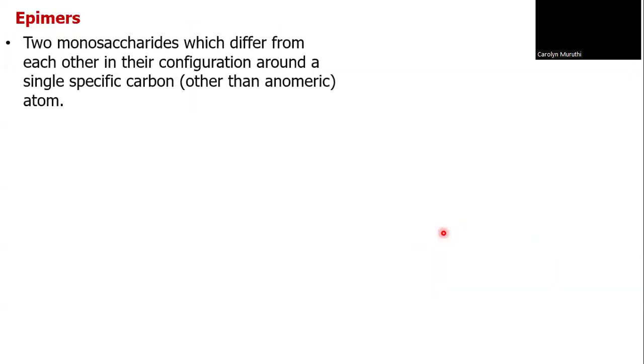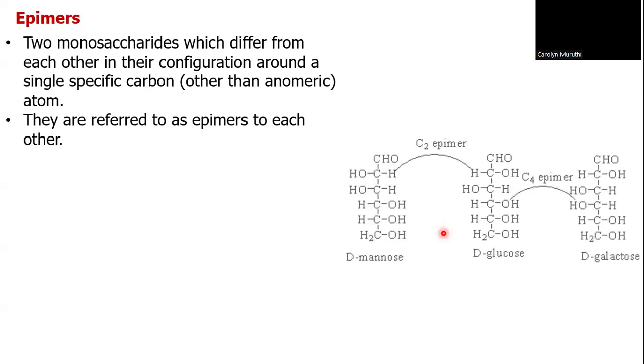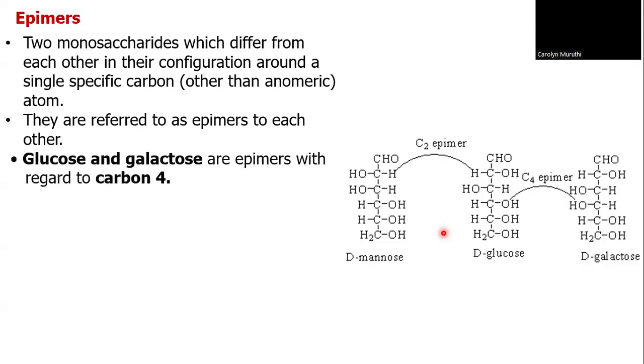Epimers are 2 monosaccharides which differ from each other in their configuration around a single specific carbon other than the anomeric carbon. Taking an example of glucose and galactose, these are epimers with regard to carbon number 4.